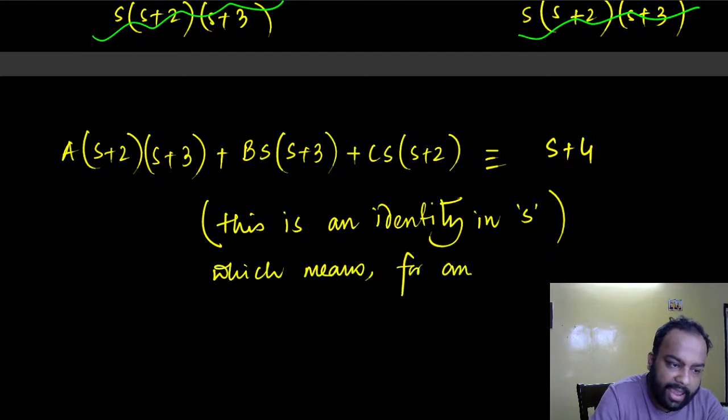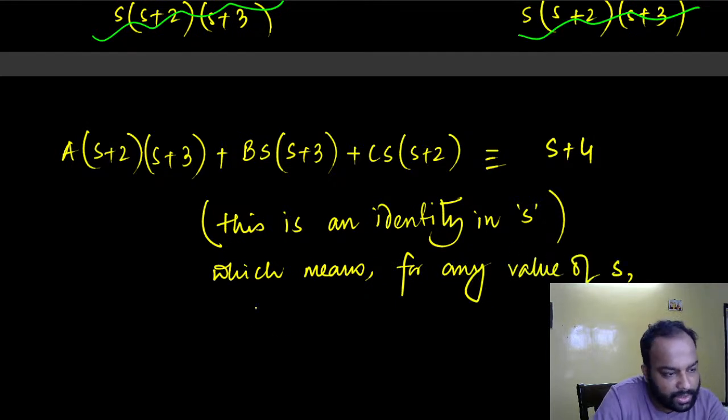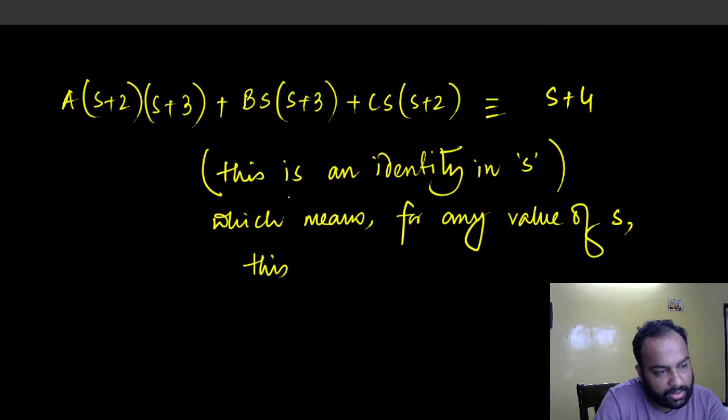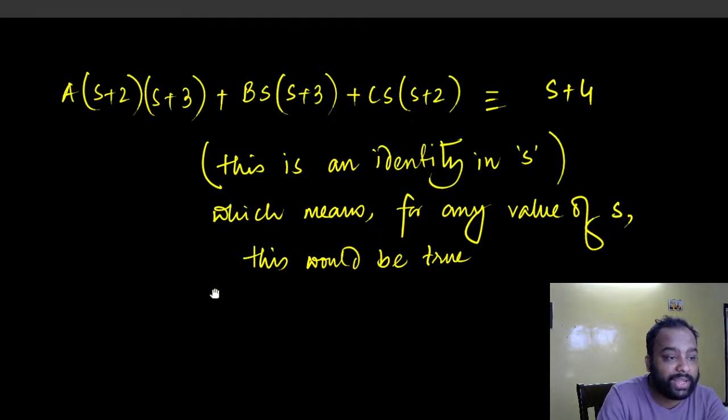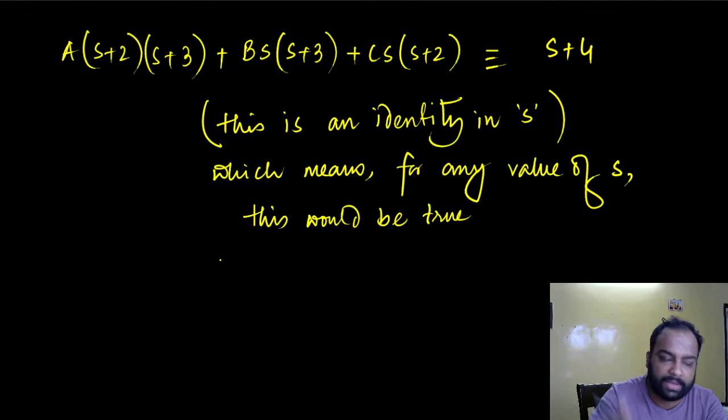You can put any value of s here, but this will always turn to s plus 4 because this is an identity. And because of that, we can apply Heaviside's cover-up method. It's called Heaviside's cover-up method.